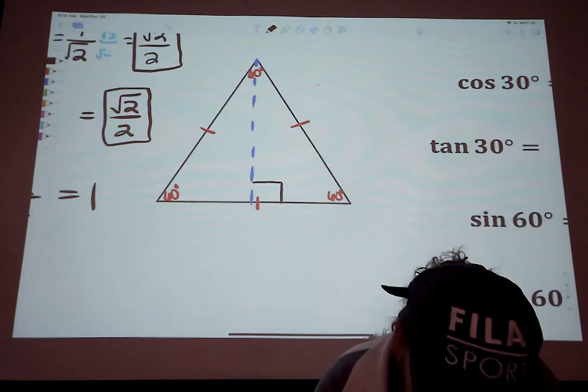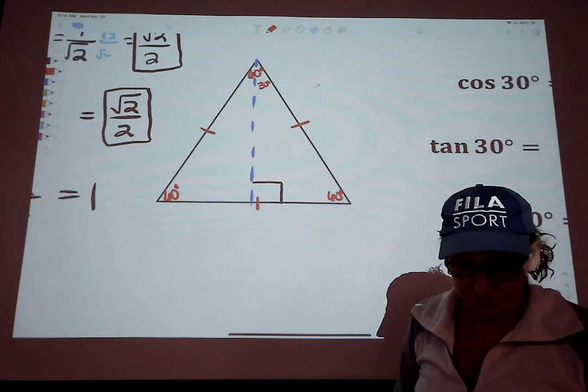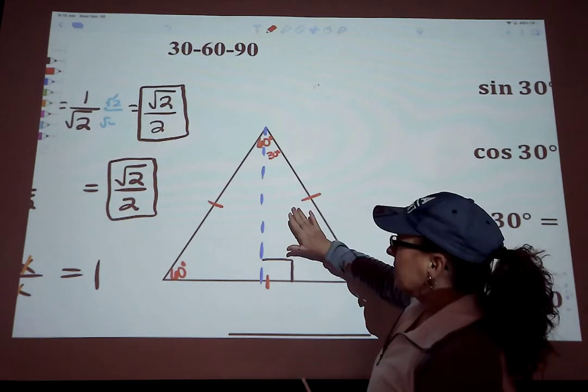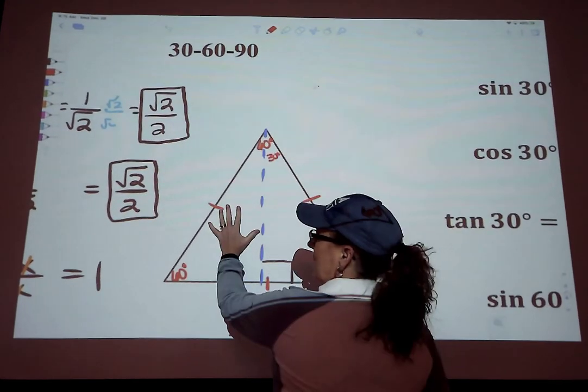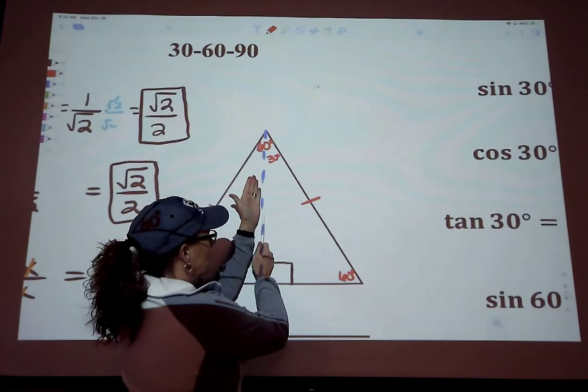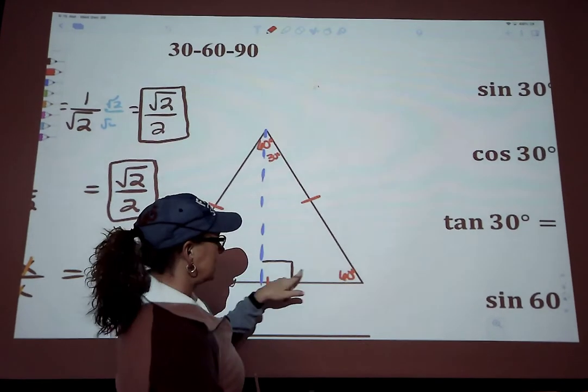Now, this angle up here is now 30. So I just want us to focus on this triangle and leave that one out of it. So let's just look at the triangle that's blue on one side and black on the other sides. 30, 60, 90 triangle.